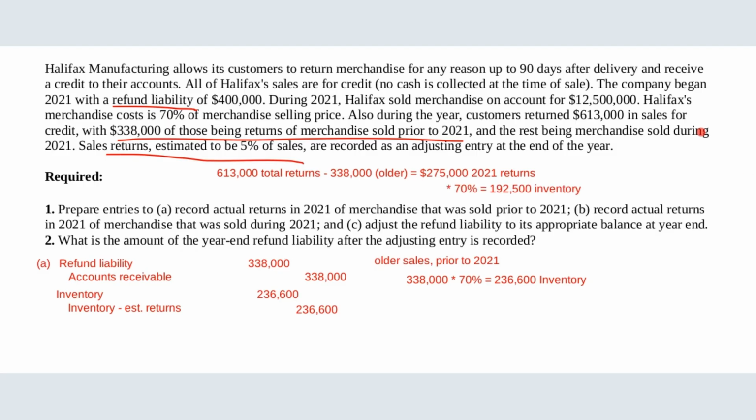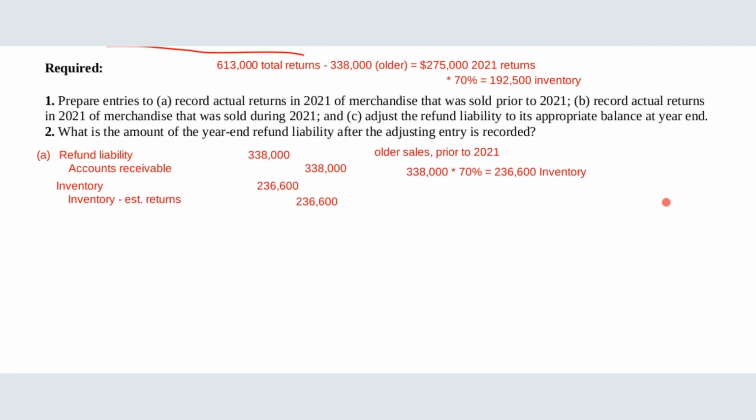All right. So for the current year, that will be B. We have our sales returns. Okay, so this is 2021. So note that we're not debiting the refund liability. Okay, 275, and credit our accounts receivable of 275.